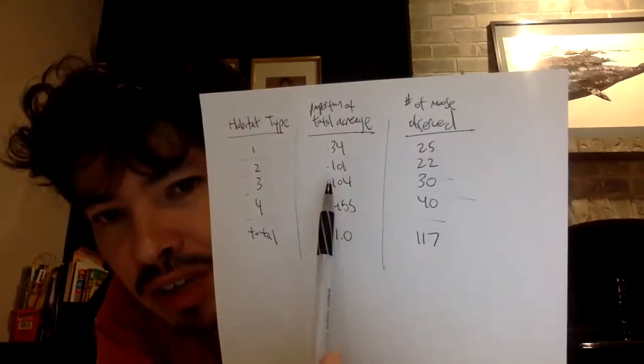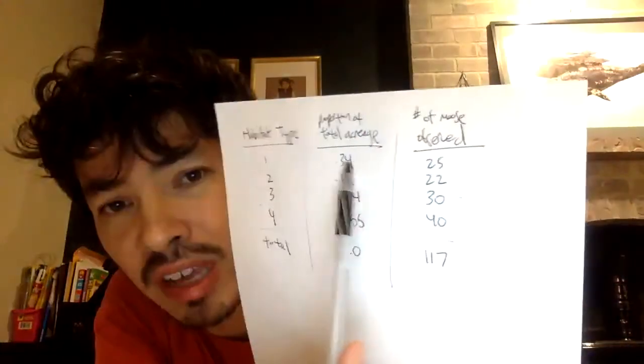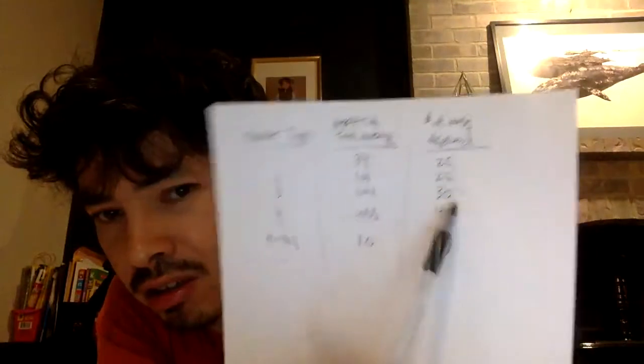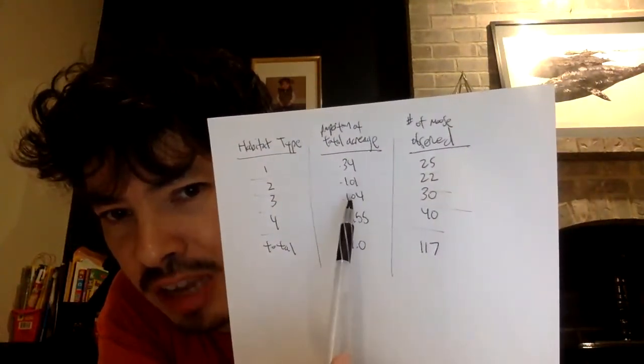But habitat 3 only has 10.4% of the land, and habitat 1 is 34%. That's telling me that this data doesn't fit very well. I would expect this 30 to be lower because 10% is lower than 34%. So just looking at it, I'm thinking we might reject the null and say that the moose we observed is not proportional.